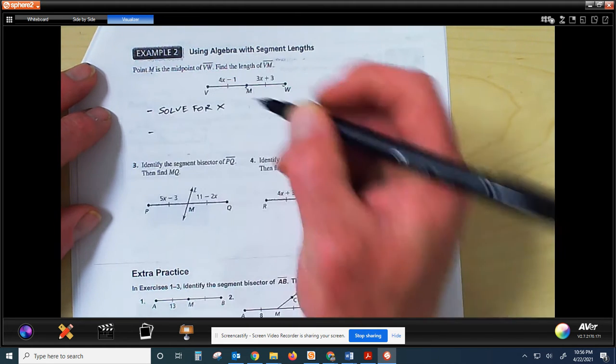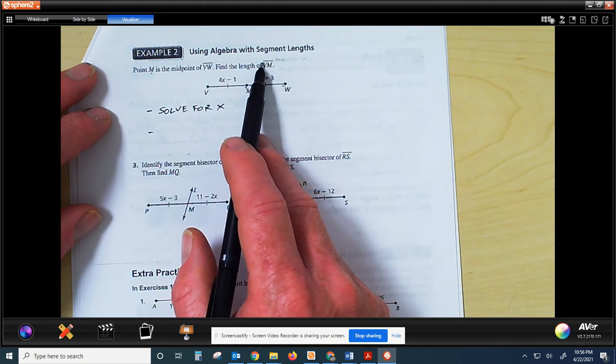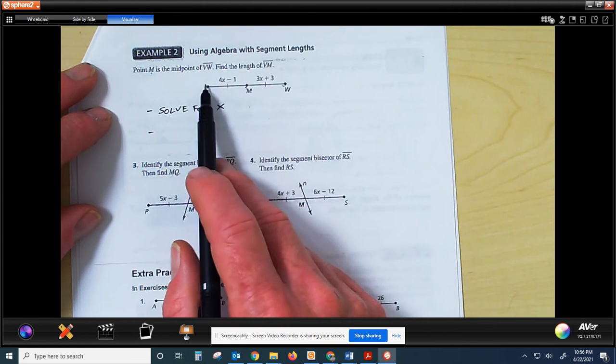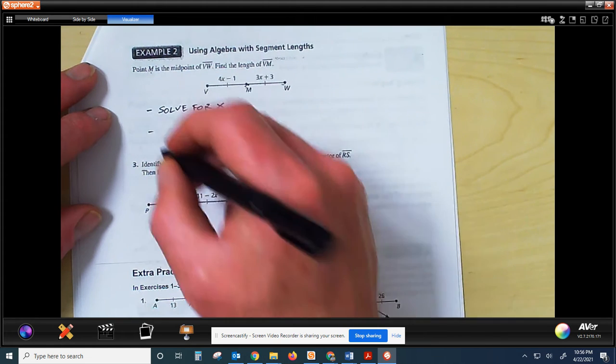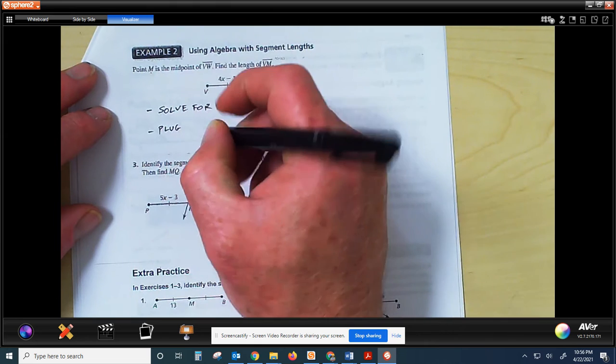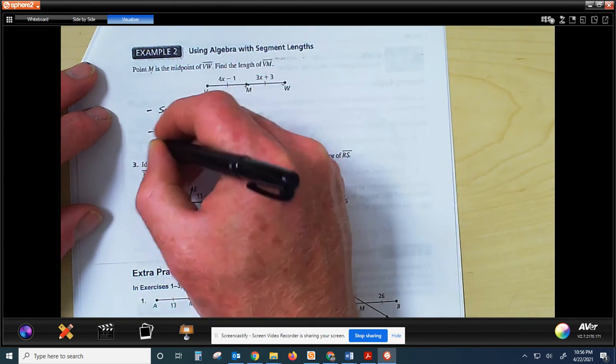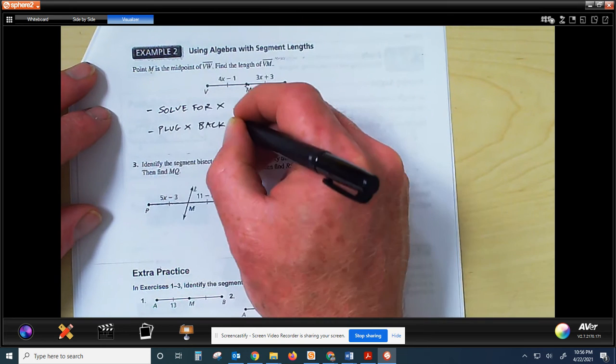So we need to solve for x and then find VM as a segment length. So VM is there. Plug x back in to the expression.